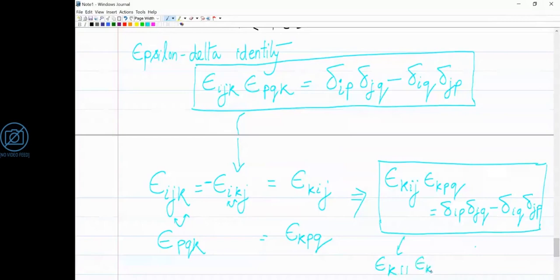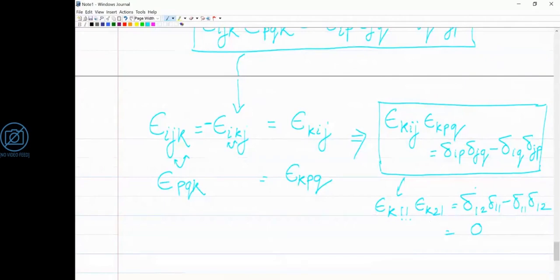Then this identity tells me that epsilon K11 epsilon K21 is equal to delta 12 delta 11 minus delta 11 into delta 12, which of course is, by the way, 0, right? So this is going to hold for all the combinations of the free indices.